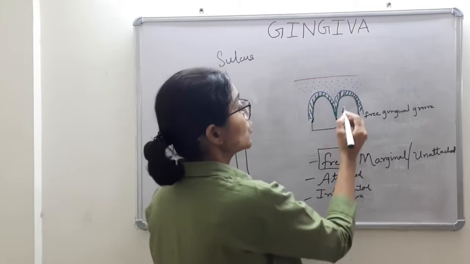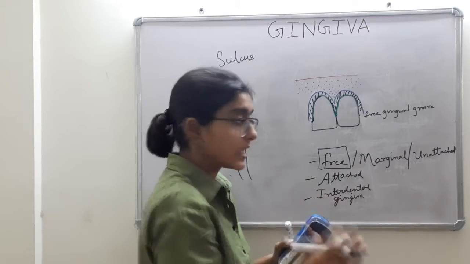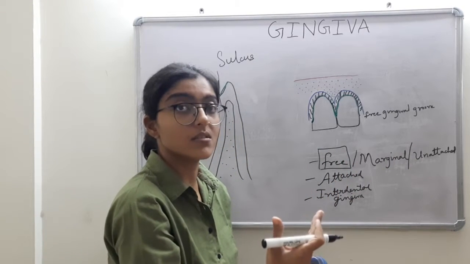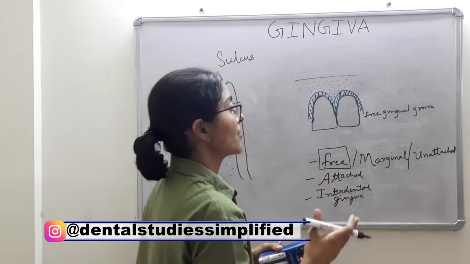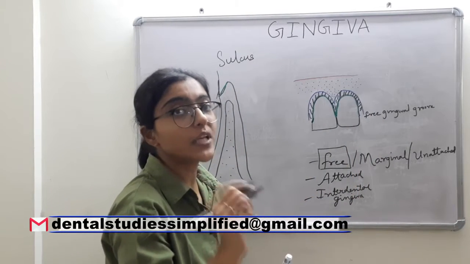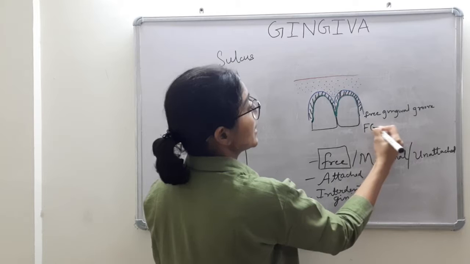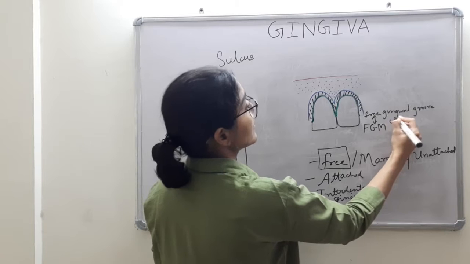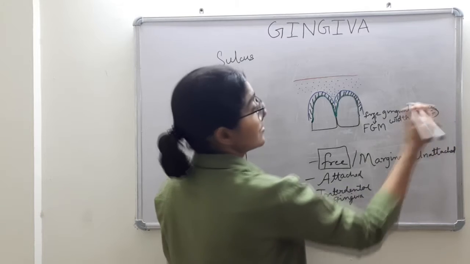So free gingiva is demarcated from attached gingiva. Rather I will say unattached gingiva is demarcated from attached gingiva, which gives a better differentiation of the two types of gingiva, right? By a shallow depression called the free gingival groove. So from the free gingival margin, FGM, up to the free gingival groove, this distance is called the width of free gingiva, or unattached gingiva.